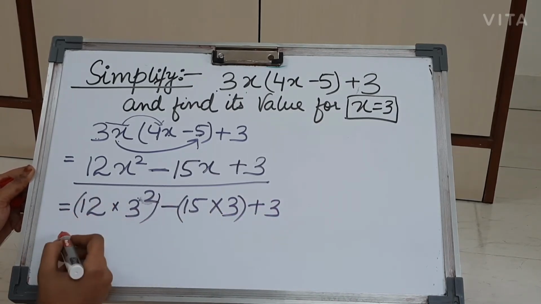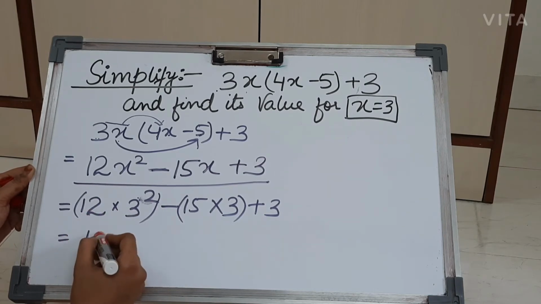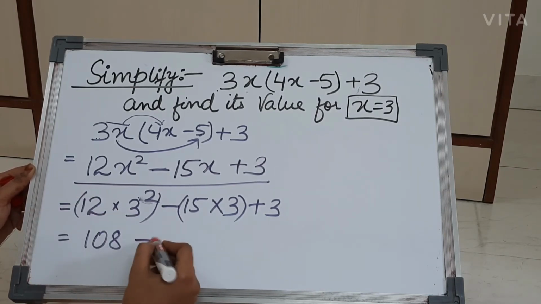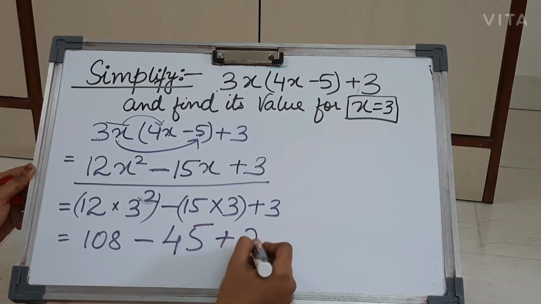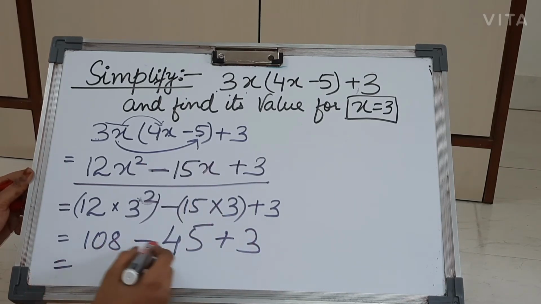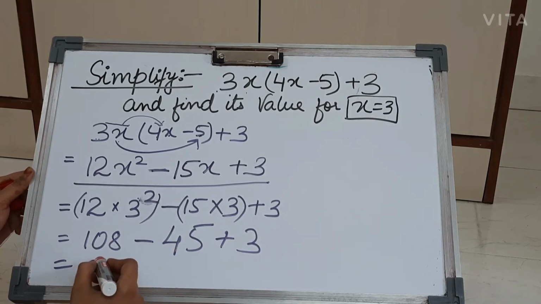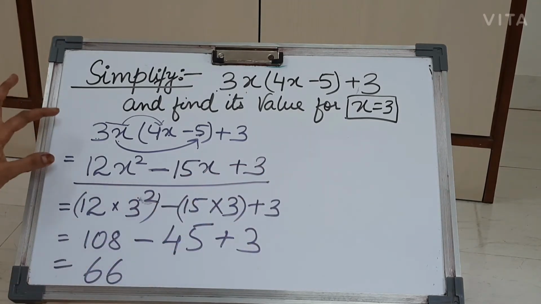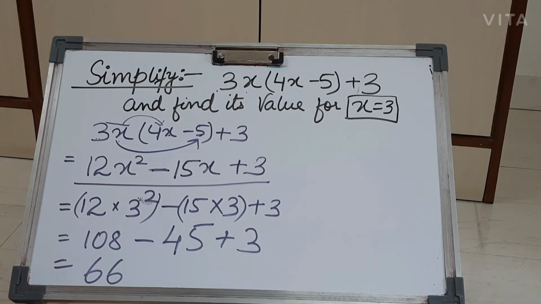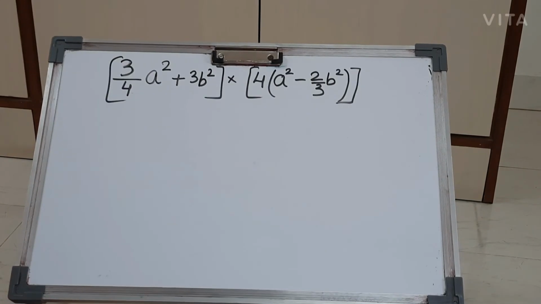Now 12 into 9 is 108 minus 45 plus 3. When we solve this further, we get 66 as the answer. So this is the way: when you put the value, we first simplify the expression and then we put the values in. Okay, coming towards the next question.